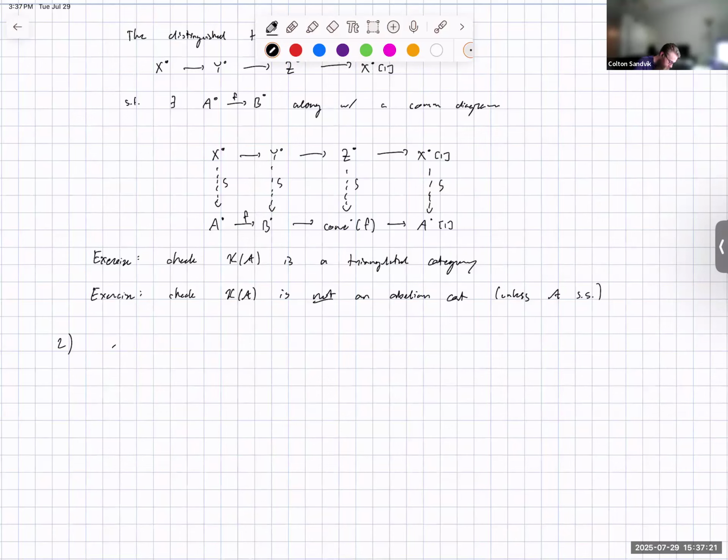So let's just recall, if we have a morphism f from x to y, this is called a quasi-isomorphism if it induces an isomorphism on cohomology.